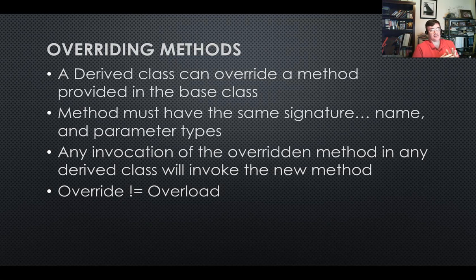So if the address stored in an object reference is the location in memory of where a derived class lives, we'll always get the overridden method. And that's incredibly powerful. And we'll go over that a little bit later. So don't worry if it's a little bit murky right now. Just remember, overriding is not the same as overloading. They're similar, but they're different.